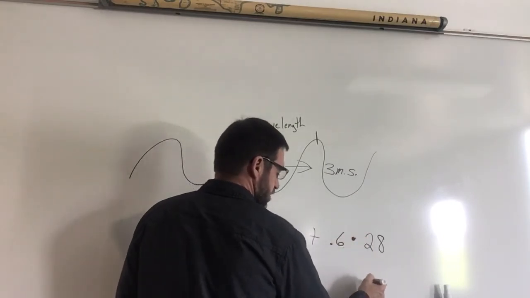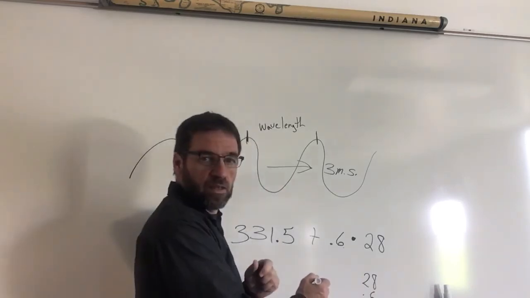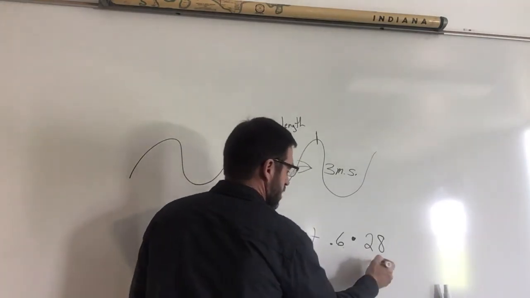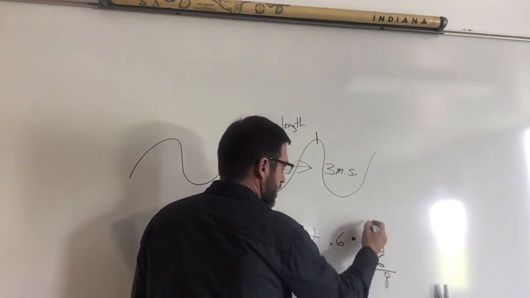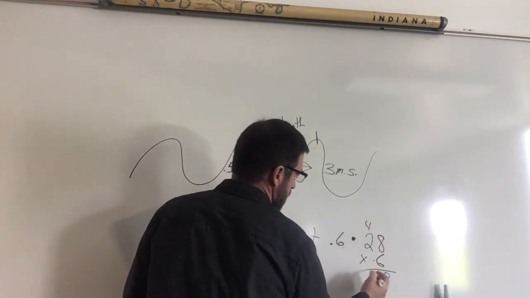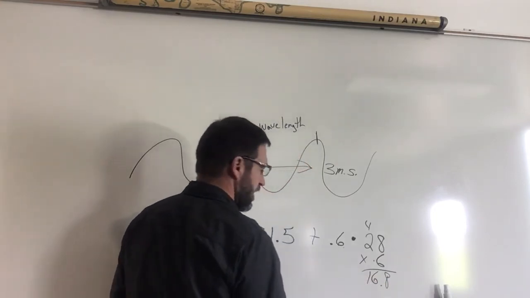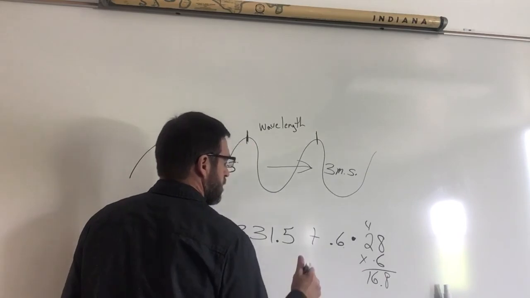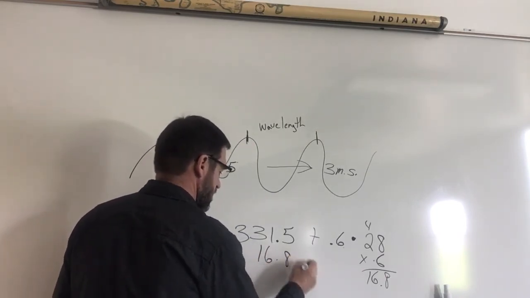0.6 times 28. 6 eights is 48. 2 sixes is 12, plus 4 is 16. 16.8. 3 sixes, yes, 16.8.